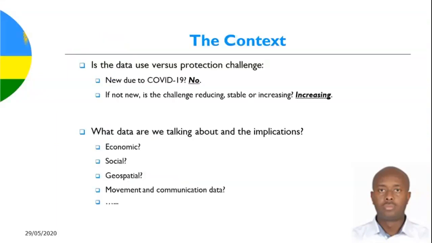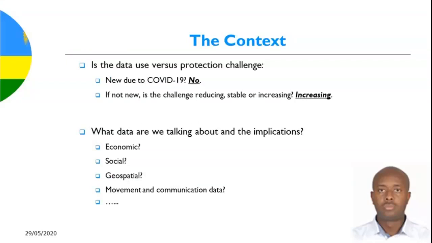Regarding the context, one of the quick questions that we ask ourselves, especially in such a time, is of course, there is a lot of demand for access to data, and we have a lot of concerns vis-a-vis confidentiality and privacy. So we ask ourselves, is this a new challenge or it's an existing challenge?